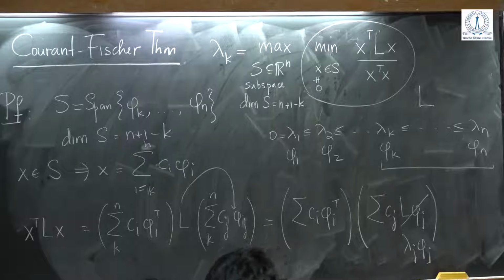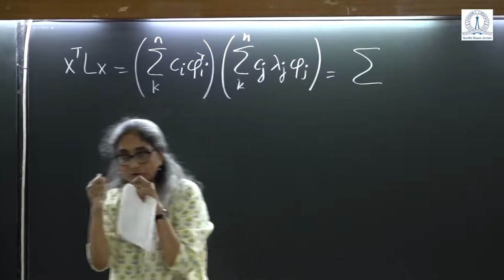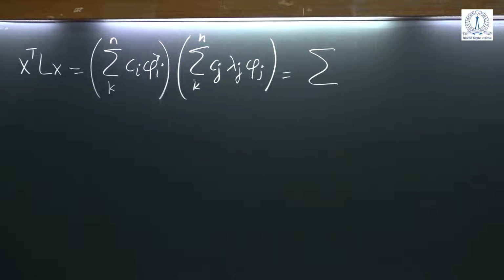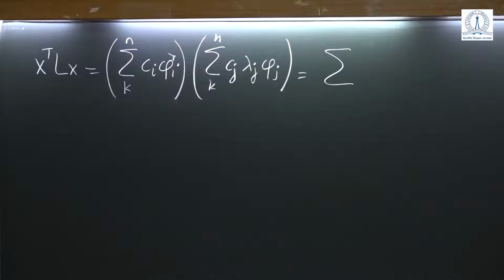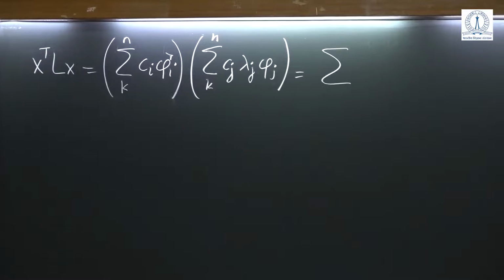Okay, so this is some big sum, right? And what will survive? The phi i's and the phi j's are orthogonal to each other. So they're going to cancel out and give you 0 unless phi i and phi j are the same index, right? Phi i with phi j, where i and j are different, won't give you anything, okay? So do you see what's going to happen?